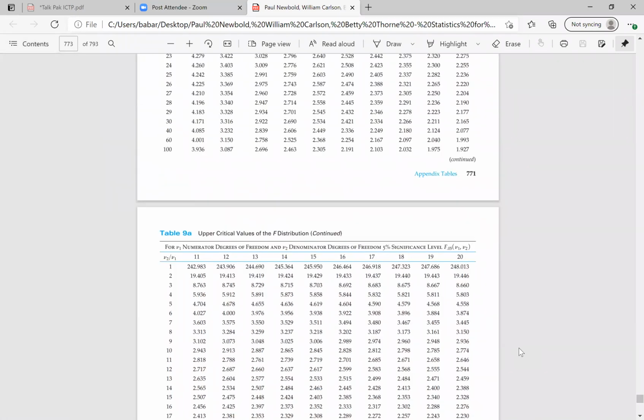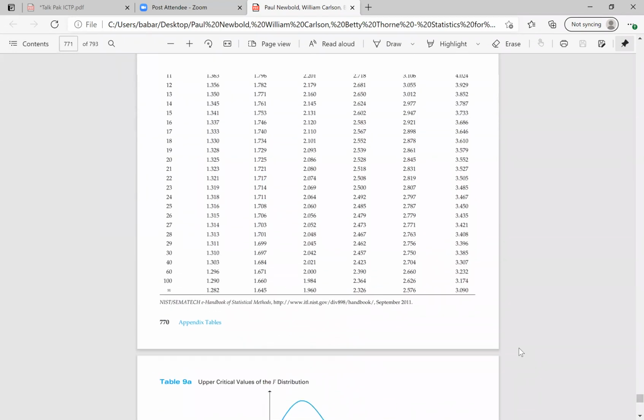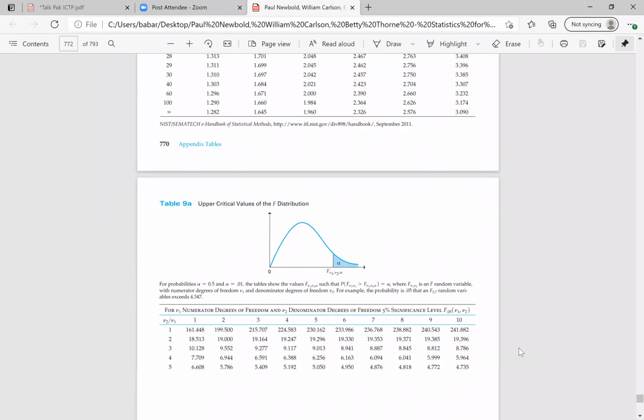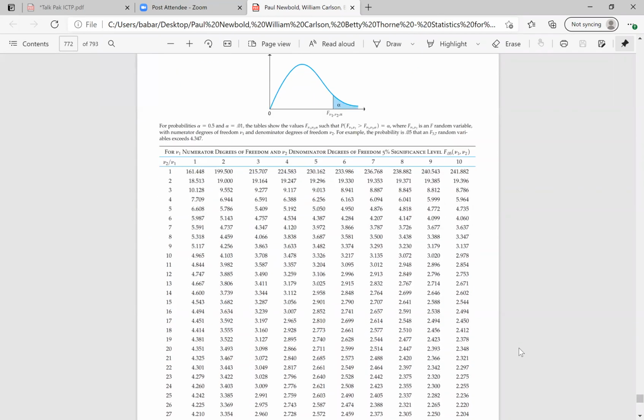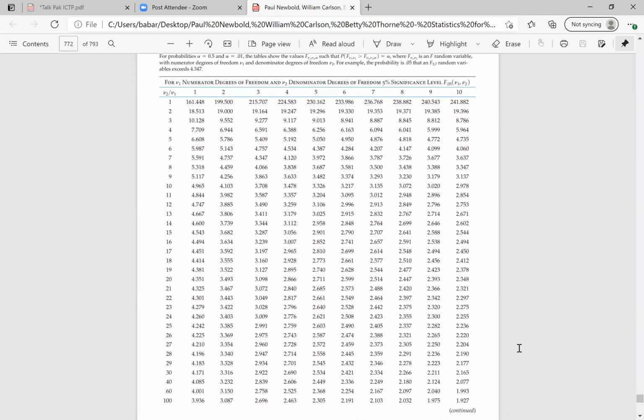So these are the distributions for the F variable. And this is giving me the critical values at 5% significance. The upper one is for nu 1 numerator degrees and nu 2 denominator degrees of freedom. So my numerator was 3 and my denominator was 6.